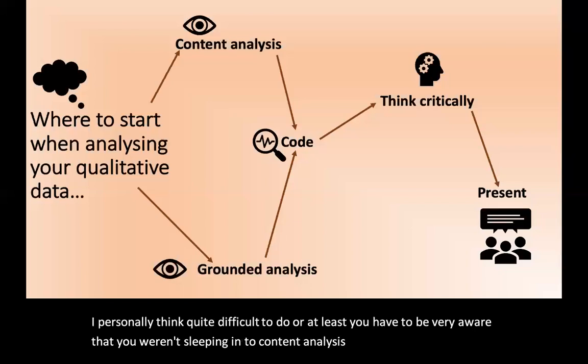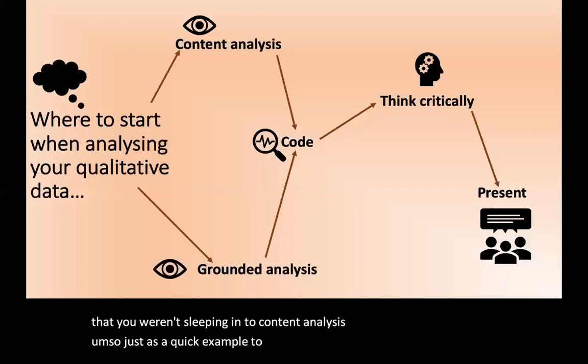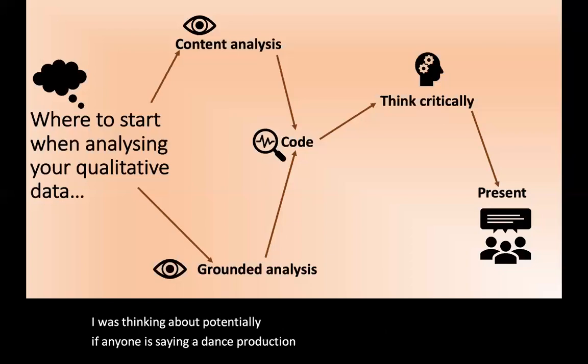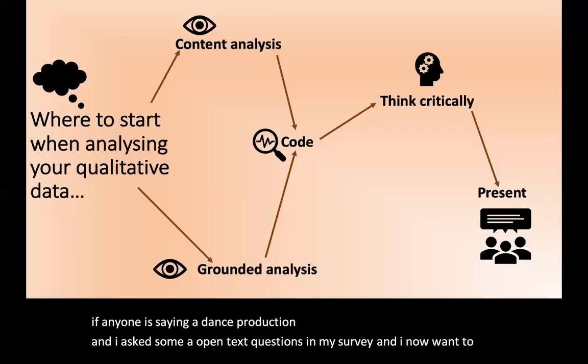So just as a quick example to look at the difference, I was thinking about potentially evaluating a dance production, and I asked some open text questions in my survey, and I now want to analyse those responses.